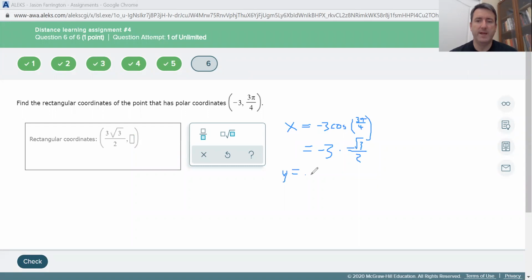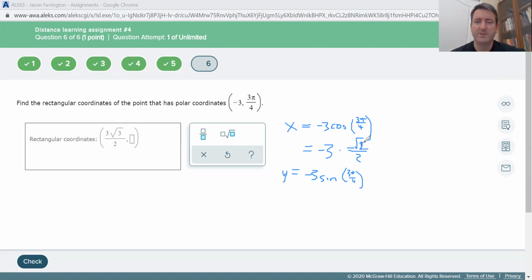All right, and then y is going to be equal to -3 times the sine of 3 pi over 4. And the sine of 3 pi over 4 is positive square root of 2 over 2. Sorry, I messed something up here. I couldn't read my squiggly writing.